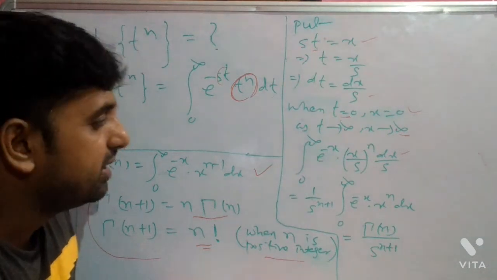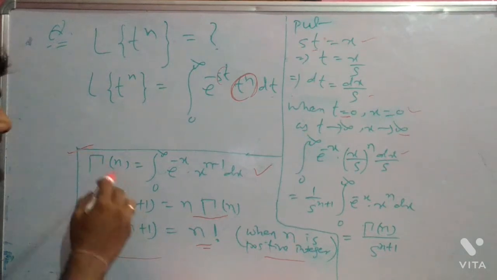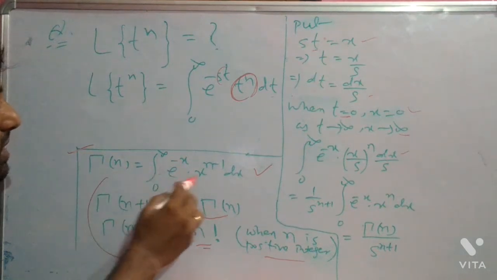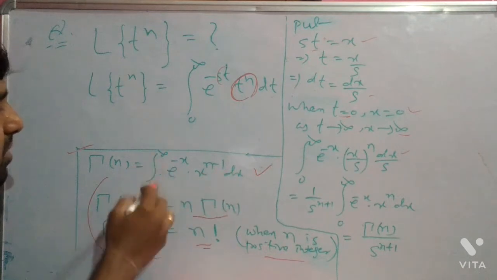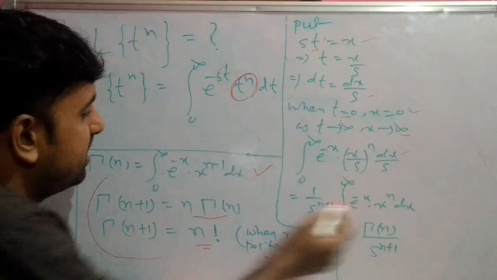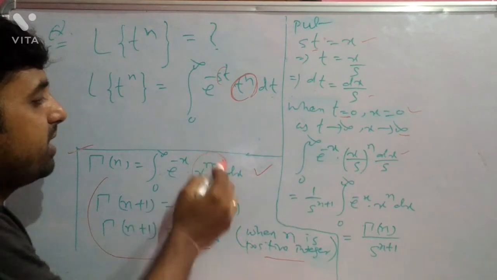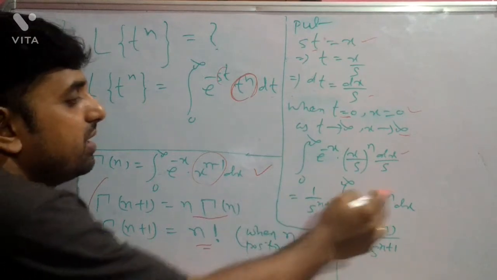By the definition of gamma function, we know that gamma n equals integration from 0 to infinity e to the power minus x, x to the power n minus 1 dx. If you compare with this integral, e to the power minus x is there. Here it is x to the power n minus 1, but in our integral it is x to the power n.